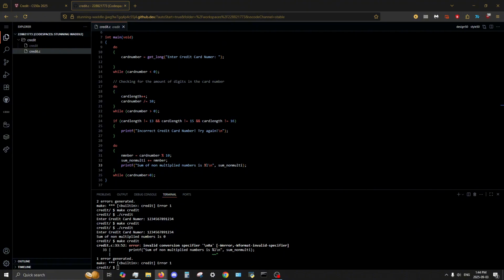It's a function. C printf functions. Oh, there's no long, it has to be an integer.